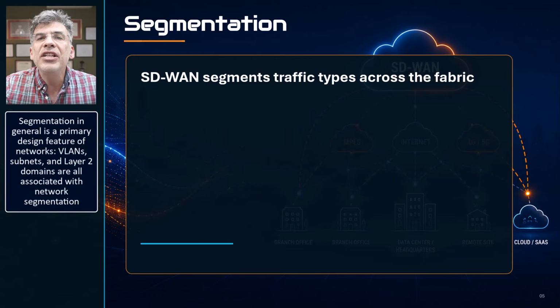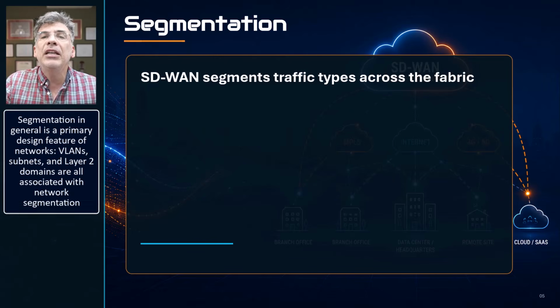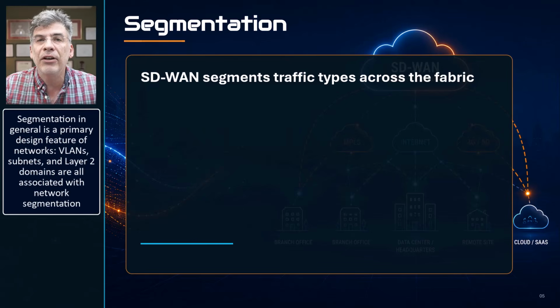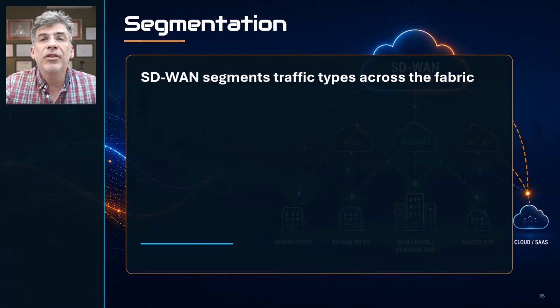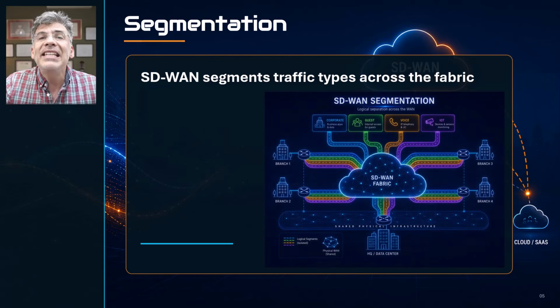Segmentation is something we apply as part of network design. We typically group network devices into specific subnets, VLANs, and layer 2 domains based on their functionality. We may have servers in one segment, printers in another segment, and actual user end devices in still another segment. But SD-WAN takes this one step further.